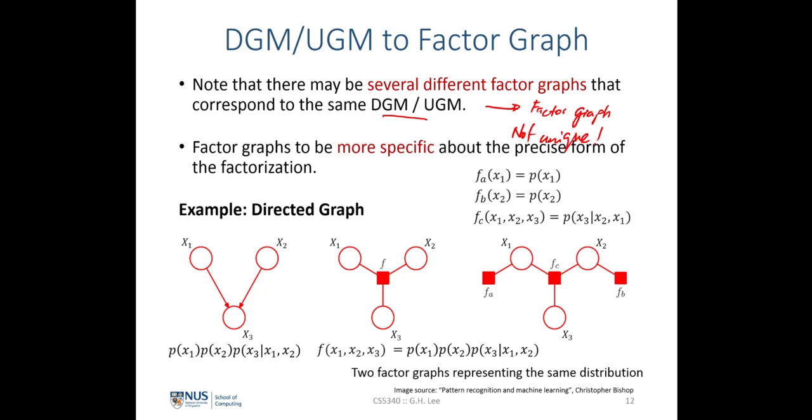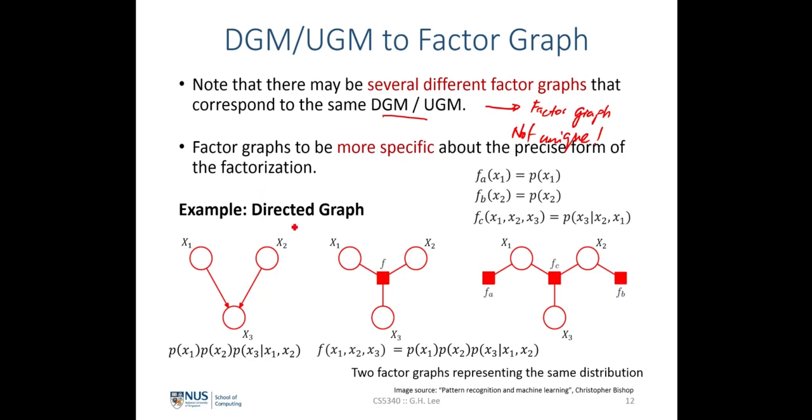But what's interesting here is that after we have converted a directed or undirected graphical model into a factor graph, the factorization of the joint distribution becomes fixed. There's only one way to do the factorization of the joint probability distribution given that particular factor graph.